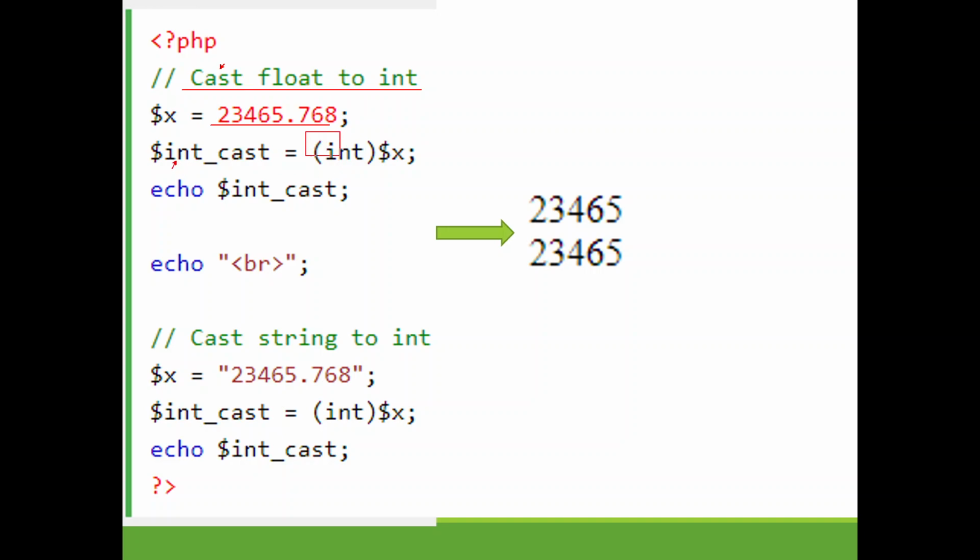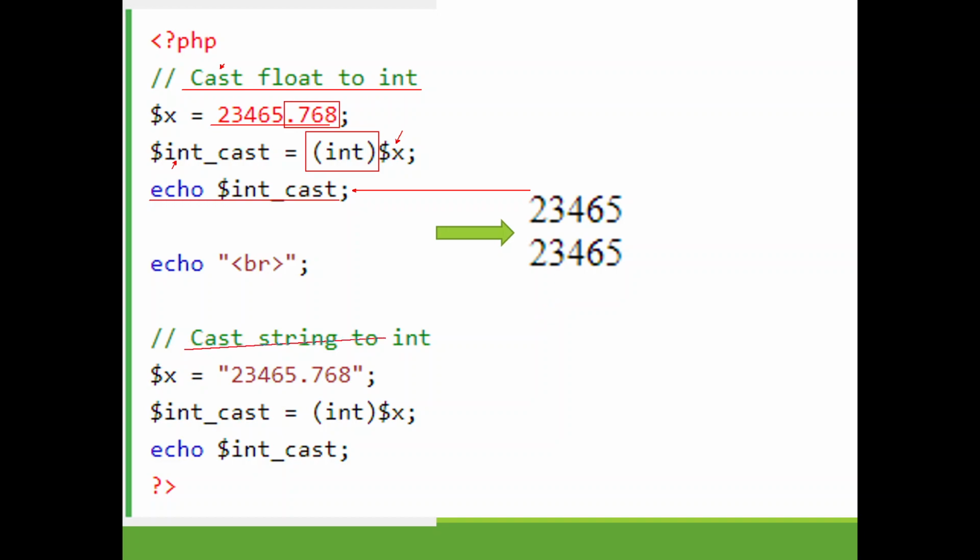Then we use the function int inside brackets, then the name of the variable that we want to cast. After we do that and we echo, it's going to output 23465. It simply removes the decimal part because we've now changed this value to an integer, to a whole number.